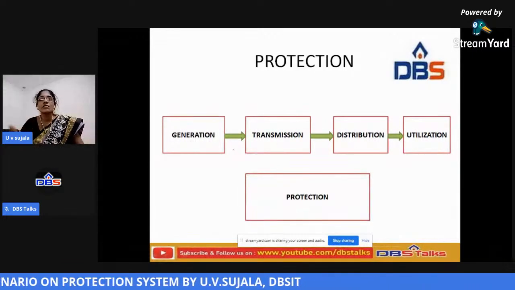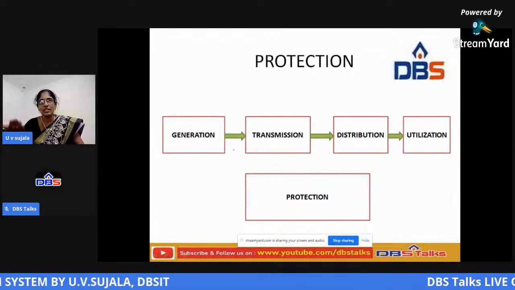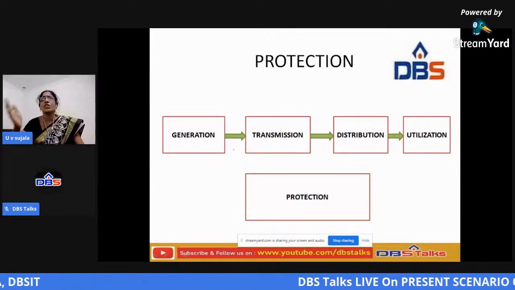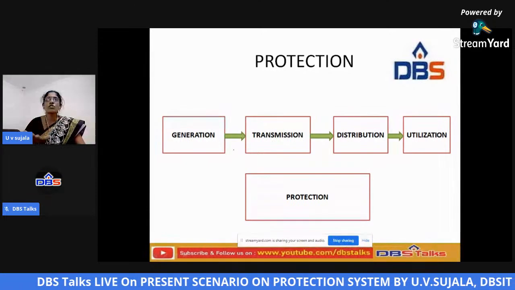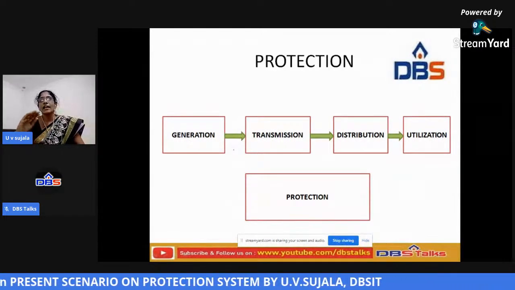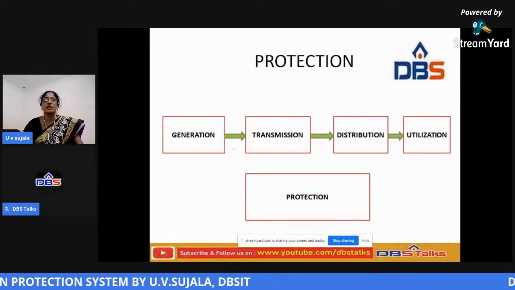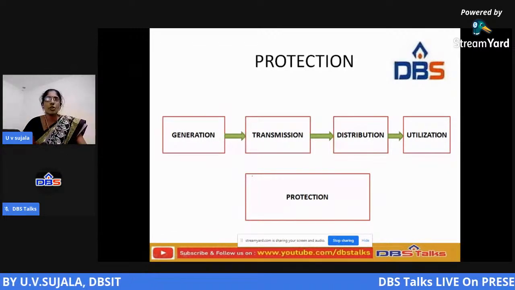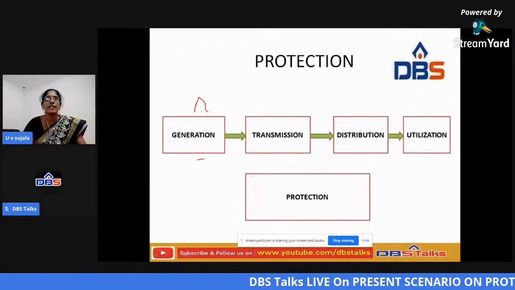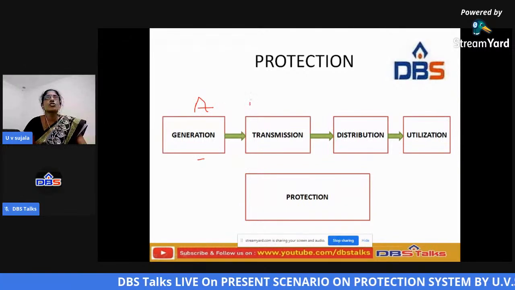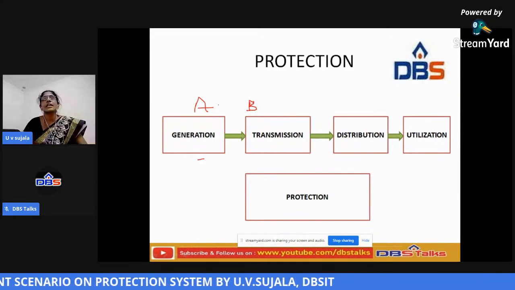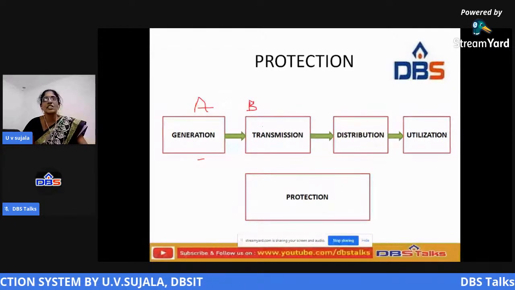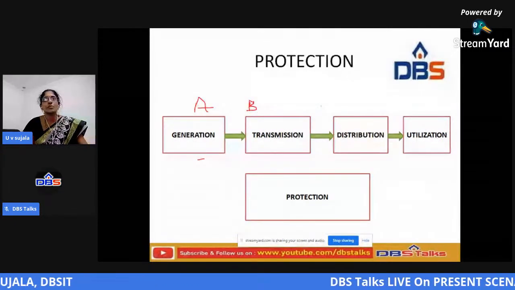Then from the load point of view, there is another transformer to step down the voltage, and then it goes to the distributor. Suppose the generation is A, then it goes to B. From generation it is transmitted, and then it goes to distribution.